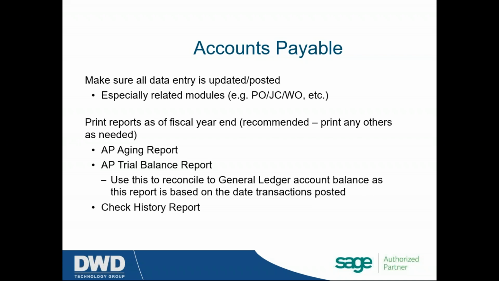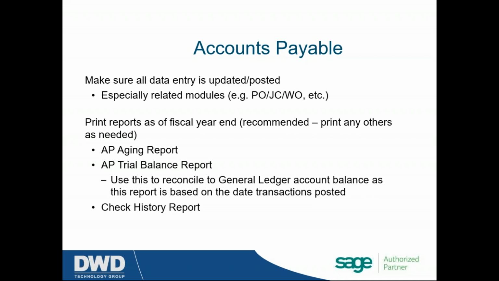So in my previous example of the invoice dated 12/31 but posted as of 1/1/2020, it would not show up on the AP trial balance when I ran it as of 12/31, because it was posted in January of 2020, okay?